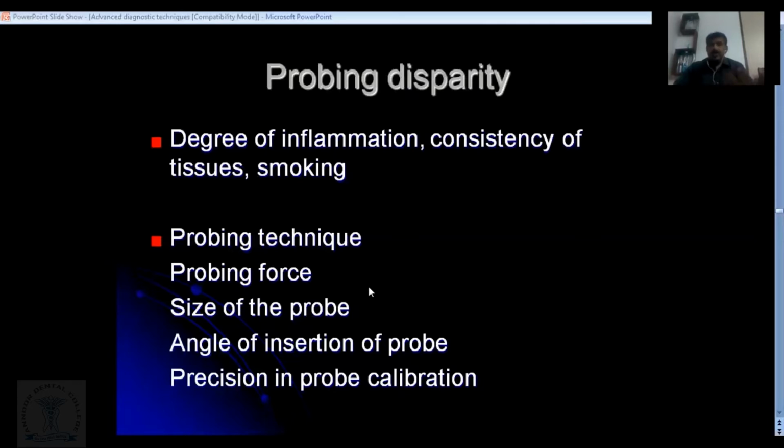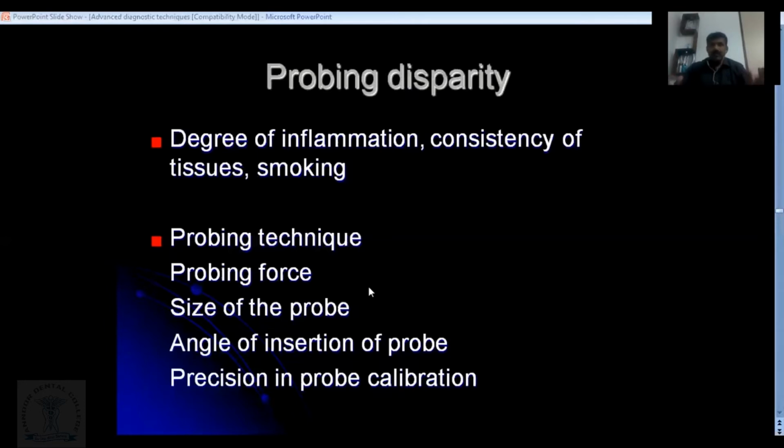The size of the probe is very important. You have probes that you can get for about 10 or 20 rupees, and probes available for about 100, 125 rupees. And you have a similar probe that is available for 1,500 rupees. So it is not only the quality or the material of the probe that matters, even the size.